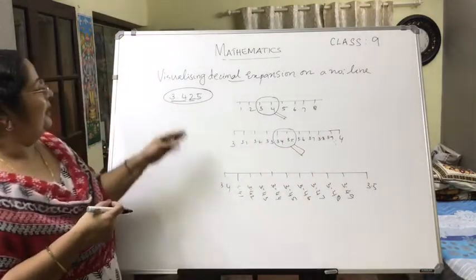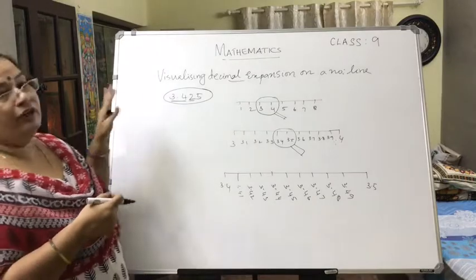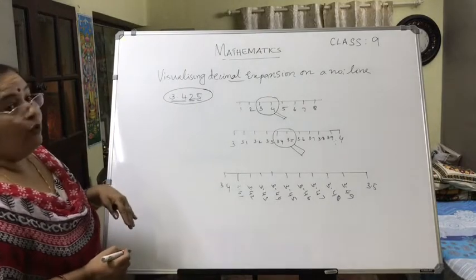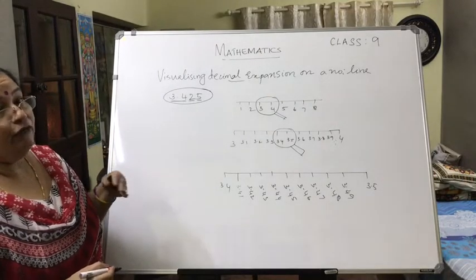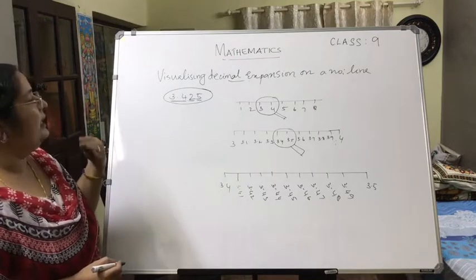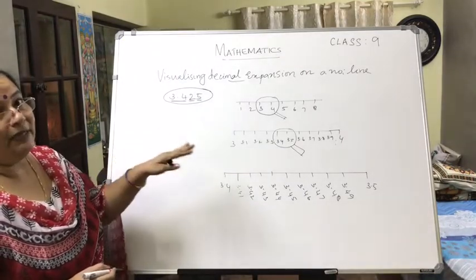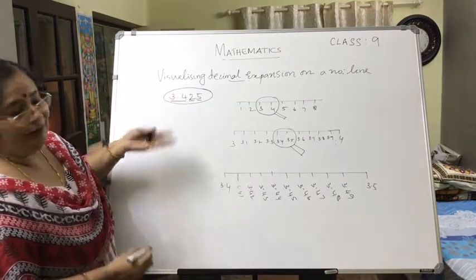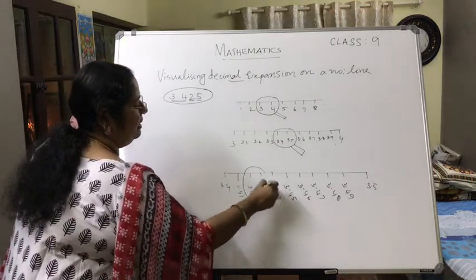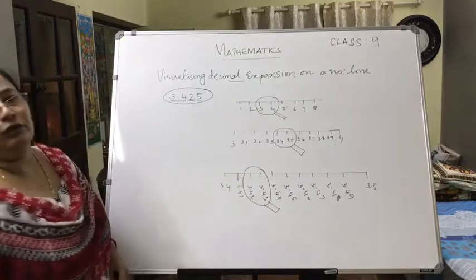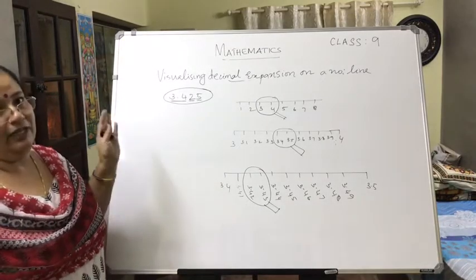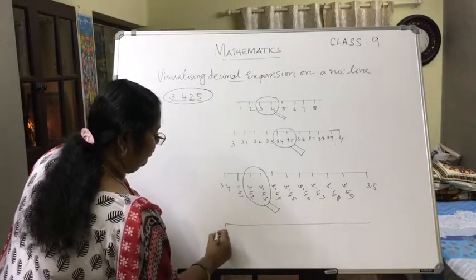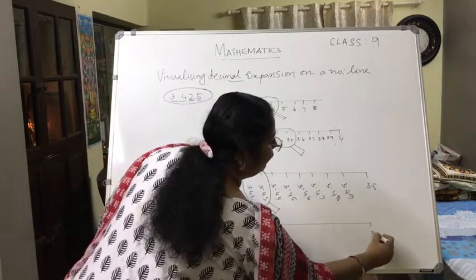Now we have to see the next place. Two places we have already seen. The third place. What is the third place? 3.425. 3.425 means this will lie between which two places? 3.42 and 3.43. So this is our consideration, 3.42 and 3.43. We are going to enlarge only that portion, between 3.42 and 3.43.